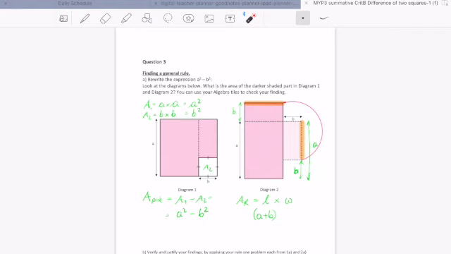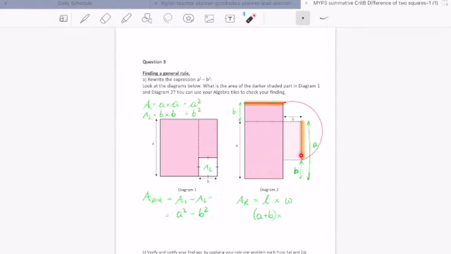And I'm going to write this down for you right here. So the width of this rectangle, this width is the same as this length here.